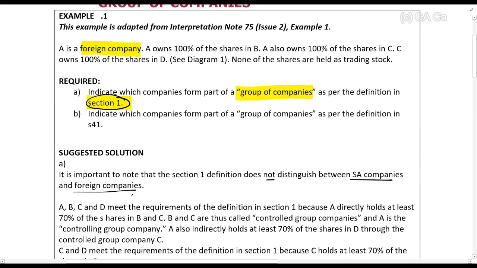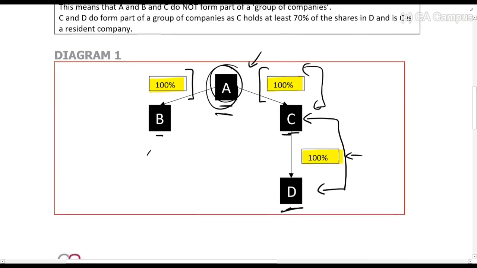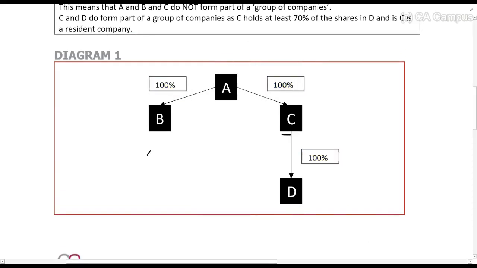But there is a distinction in B, where it asks you, do they form part of a group of companies per the definition in Section 41? Now what does Section 41 tell you? Section 41 tells you it is exactly the same definition as in Section 1, but we exclude some things, and one of them they exclude is foreign companies. So A cannot be considered.